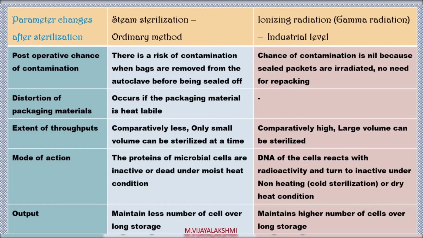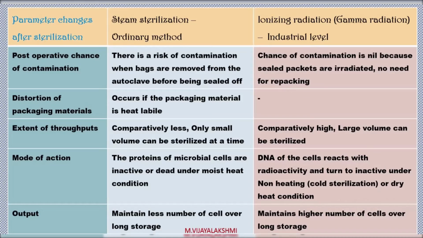The last one is about the output. Steam sterilization maintains a smaller number of cells over a long storage period. But in ionizing radiation, you maintain a higher number of cells over a long storage period. These are the advantages as well as some of the disadvantages of steam sterilization and ionizing radiation.